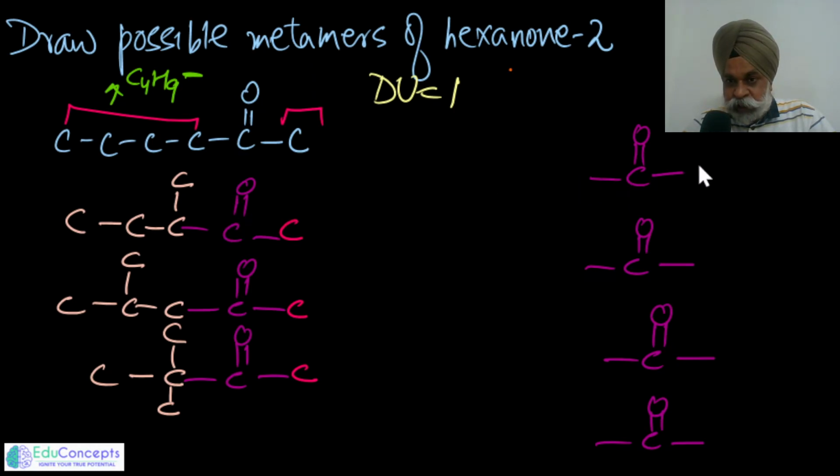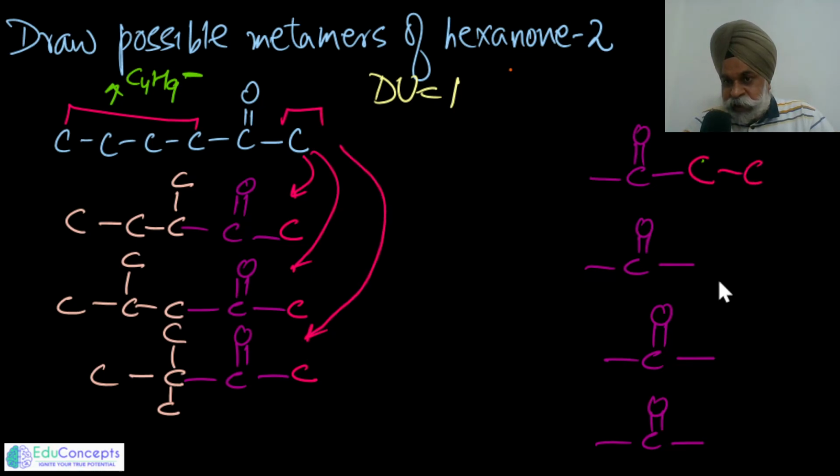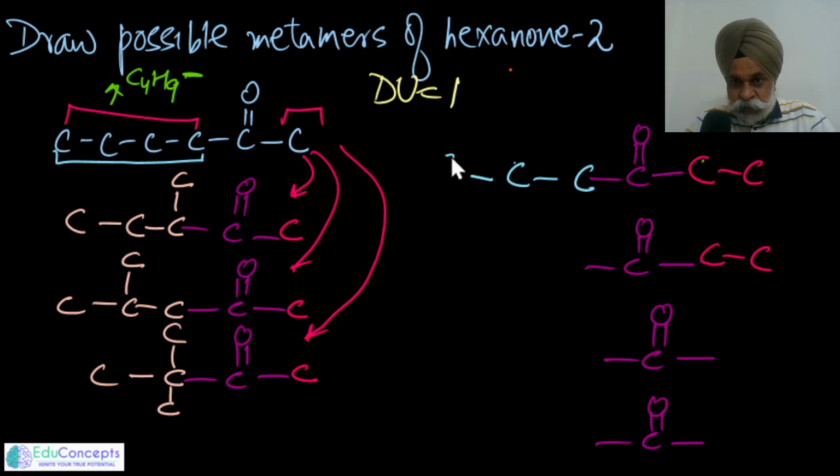Now instead of one carbon, this was methyl. In all of these this was methyl. Now I can make it ethyl and see if I could generate more. If I make this ethyl, then this 4 carbon chain would change to 3 carbon. So 3 carbons I can place like this, 1, 2, and the third one, 1, 2, 3.